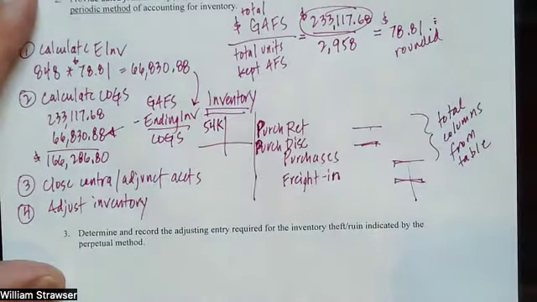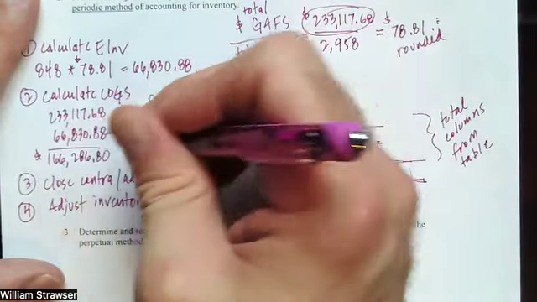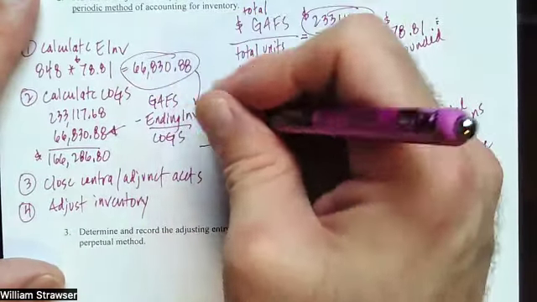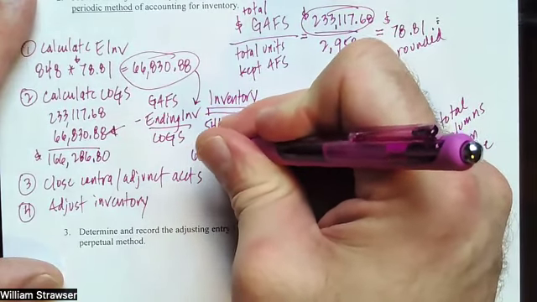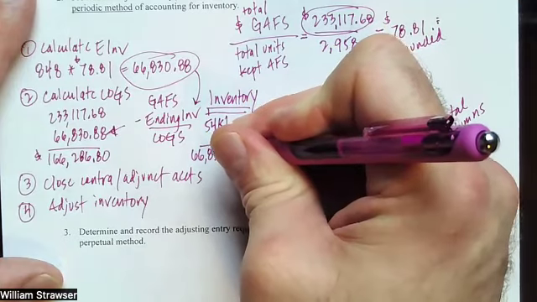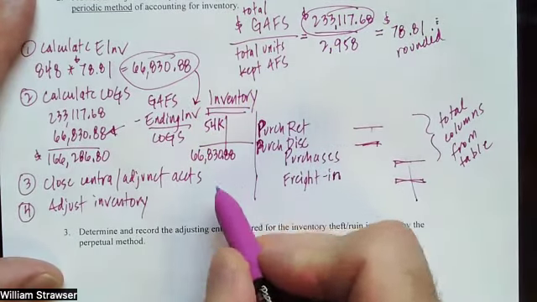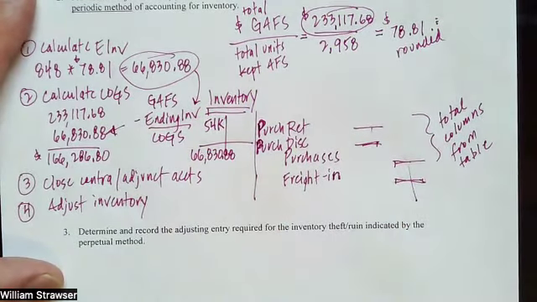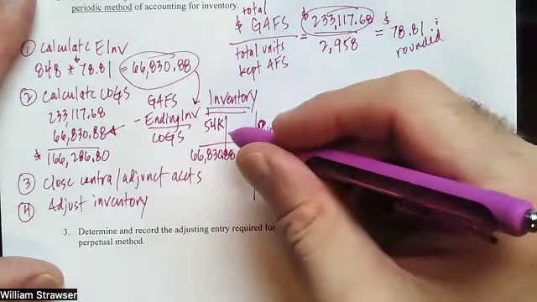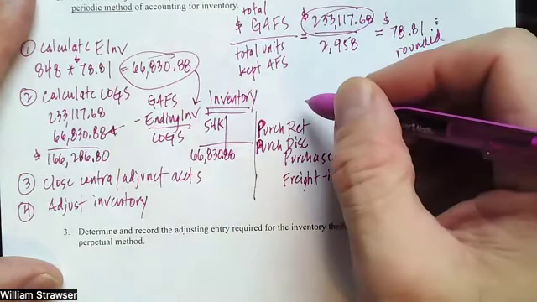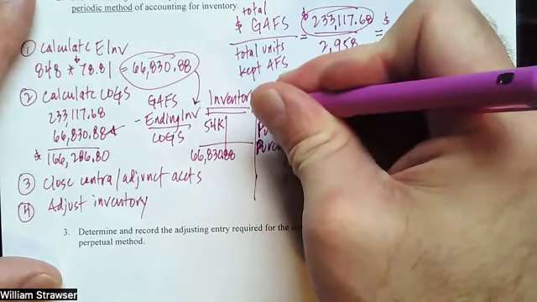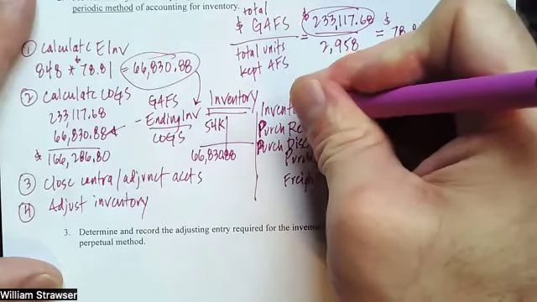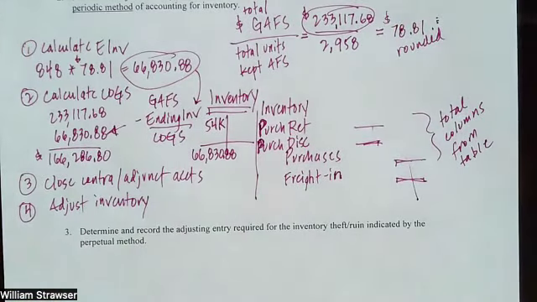What I want the ending balance to be, I calculated here, $66,830.88. That should all be on the debit side. Kind of ran out of room. And if you're just doing a one entry, just the difference between those two suggests I need to debit this account in order to adjust it up to the appropriate ending balance.